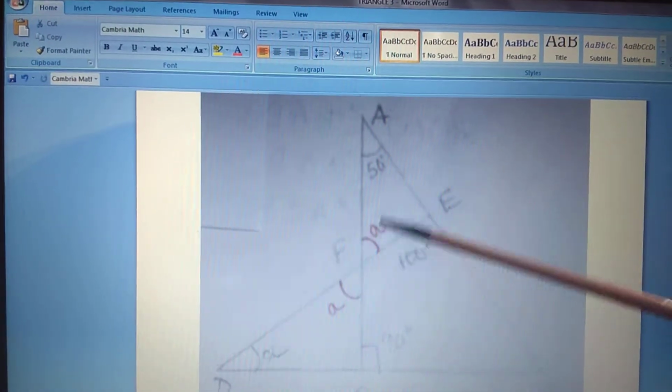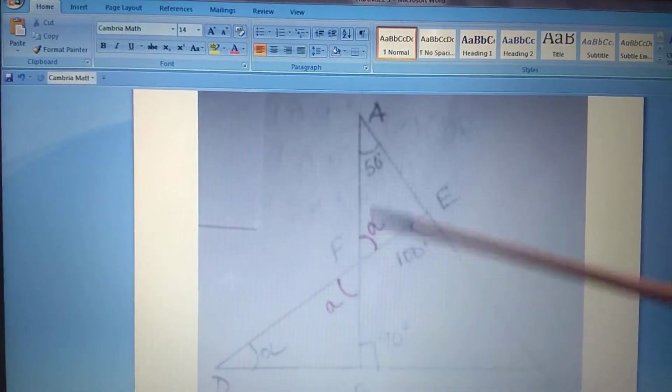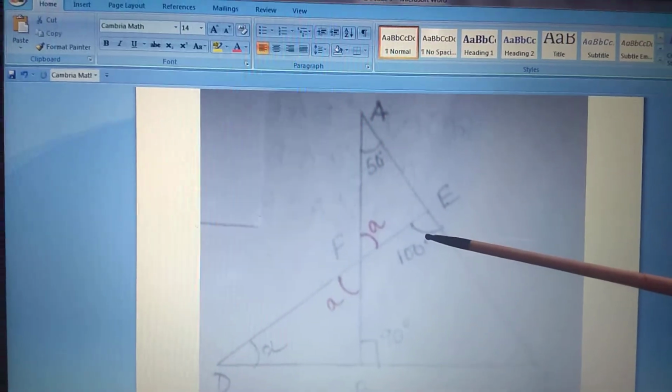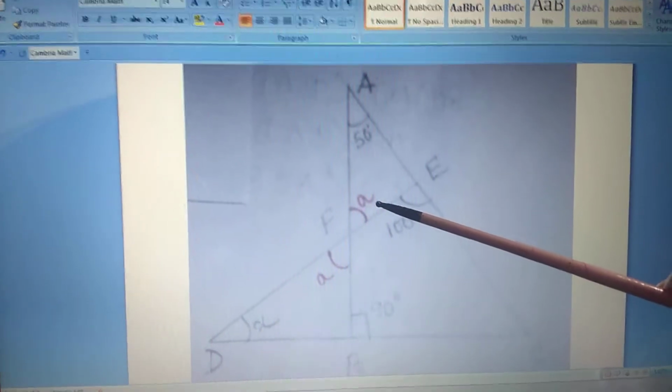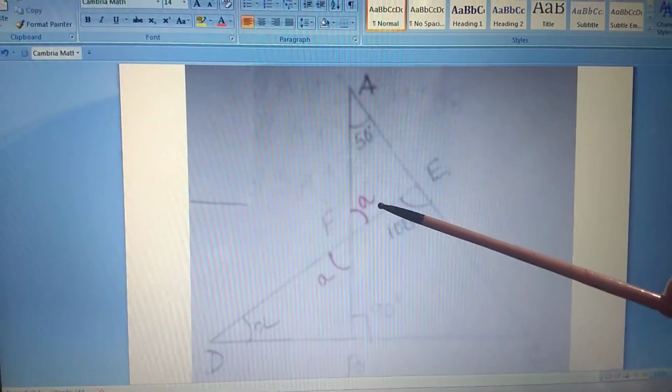So what will we do? These two are interior opposite angles and this is the exterior. So our equation will be A plus 50 equals 100. From that equation, we will get the value of A. Then this and this both will be A, because they are vertically opposite angles.